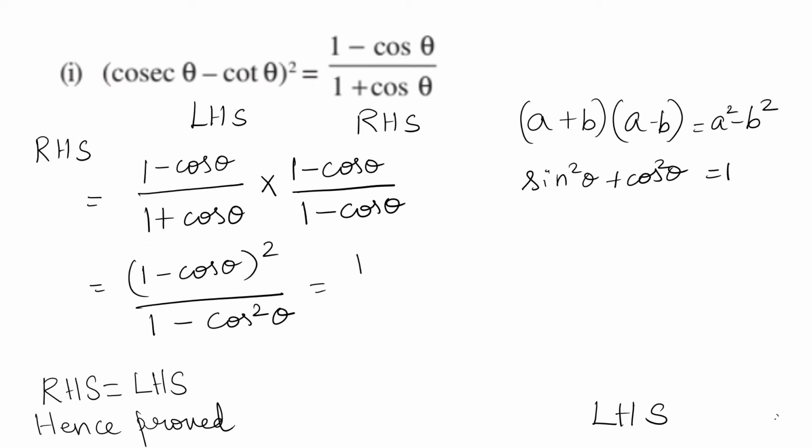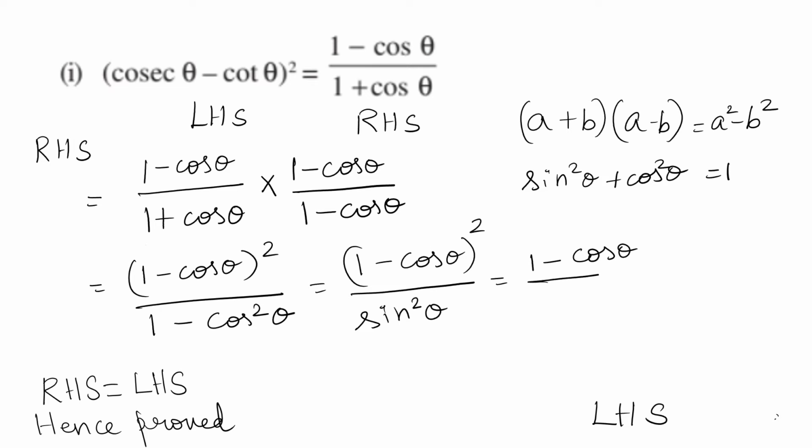So I am going to apply: (1 minus cos theta) the whole square by sin square theta. Now I write it as ((1 minus cos theta) by sin theta) the whole square.